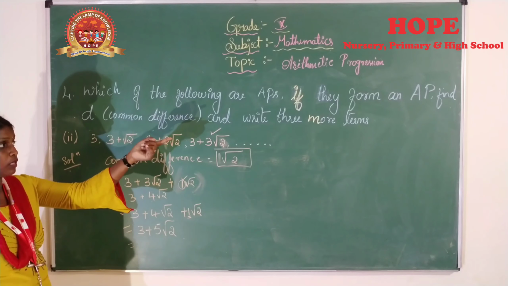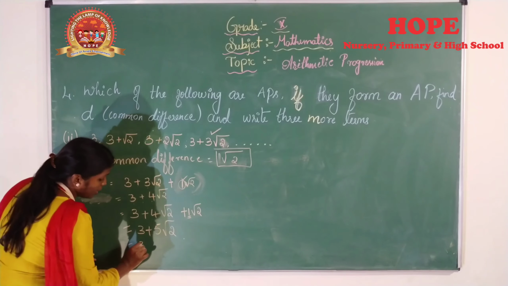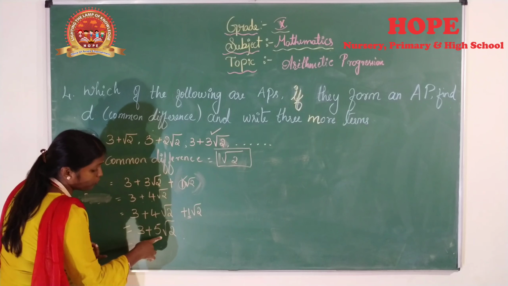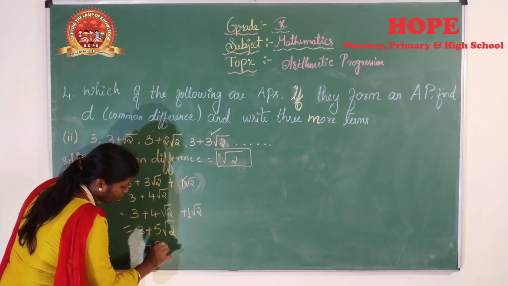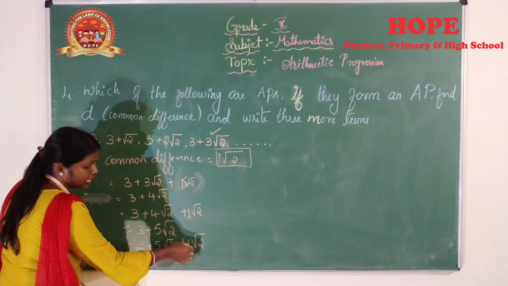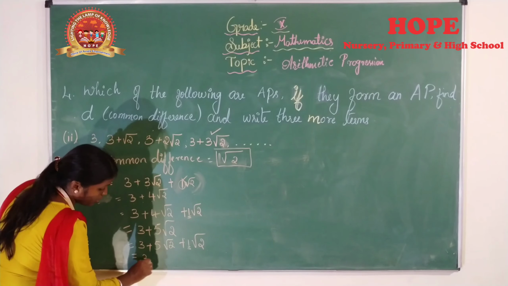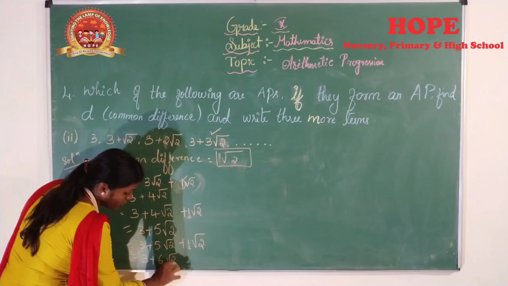And you have to find one more term, the seventh term. For that, you have to add root 2 to the sixth term: 3 plus 5 root 2 plus root 2. If nothing is there, 1 will be here. So 3 plus 5 plus 1 is nothing but 6 root 2.